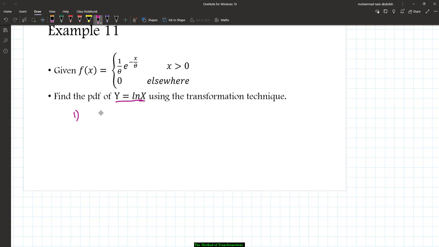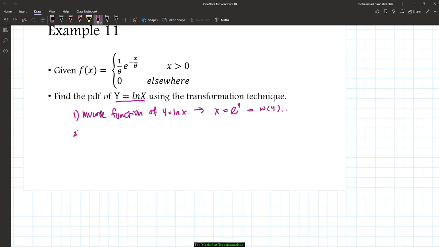So first step is we need to find the inverse function of y equal to ln x. So basically it should be x equal to exponential y, right? So this one is going to be w(y).